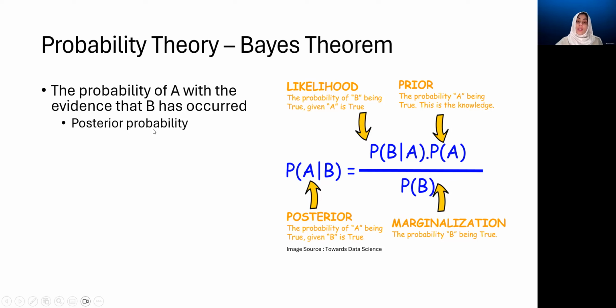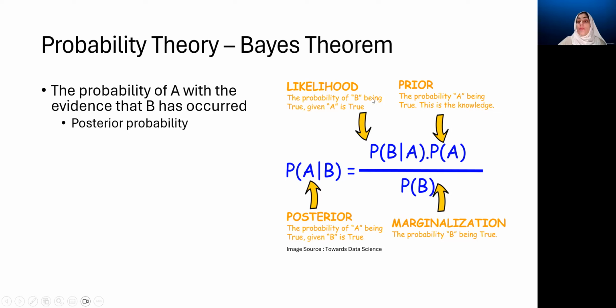Basically, we are trying to find the posterior probability of an event A based on its initial probability, its prior probability, when some more evidence, some more information about the event has been provided. This expression here is known as the likelihood.